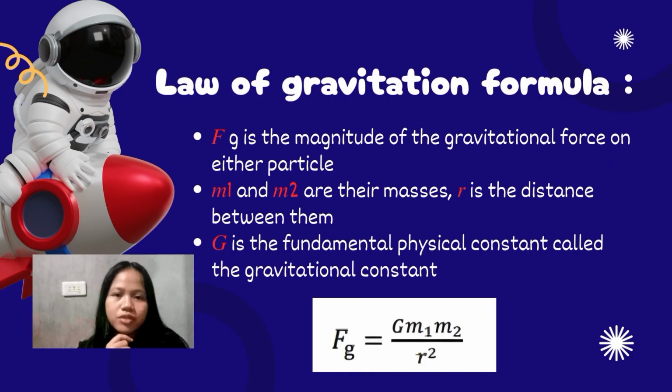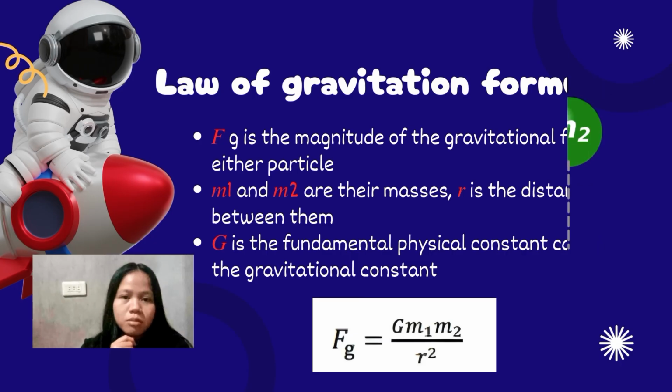So in the formula of the law of gravitation, F sub G stands for the gravitational force, m1 and m2 stand for the masses of the objects, and r is the distance between them, and the G is our gravitational constant, which has a fixed value of 6.67 times 10 to the power of negative 11 Newton meter squared per kilogram squared.